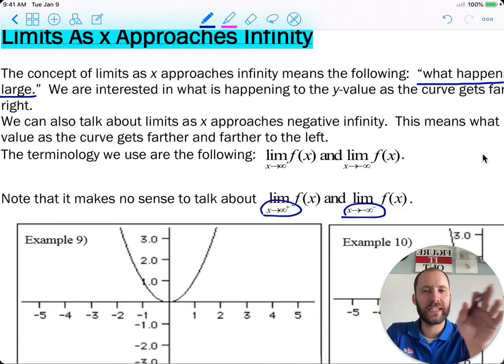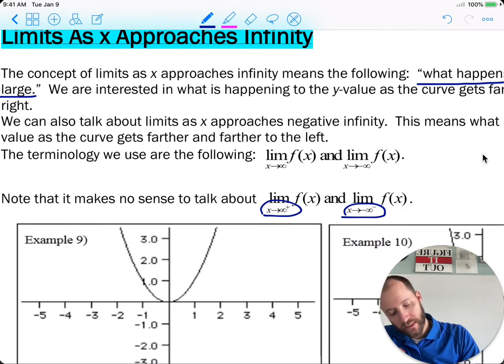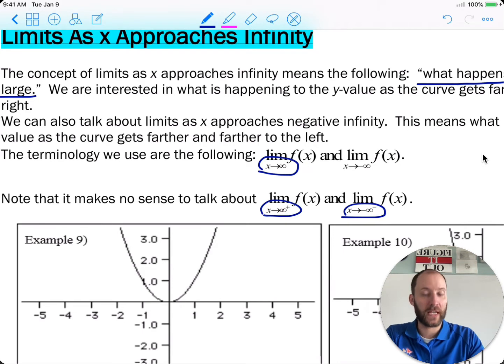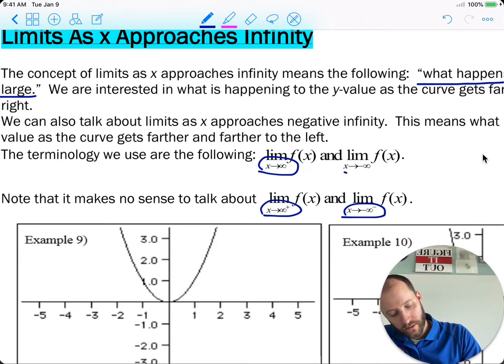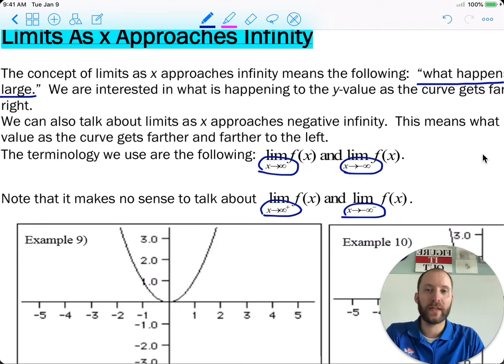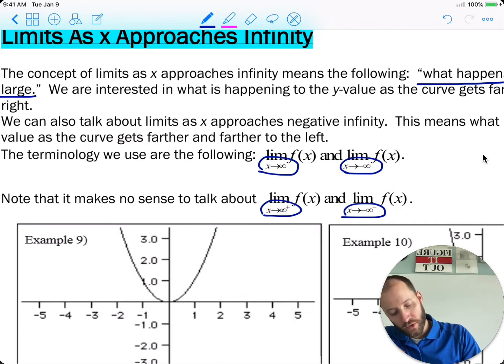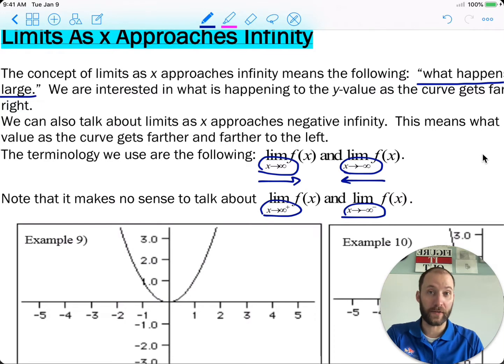So you won't see those superscripts, okay? We'll use the positive and negative signs for the infinity values themselves. So infinity, negative infinity. So to the right, to the left.